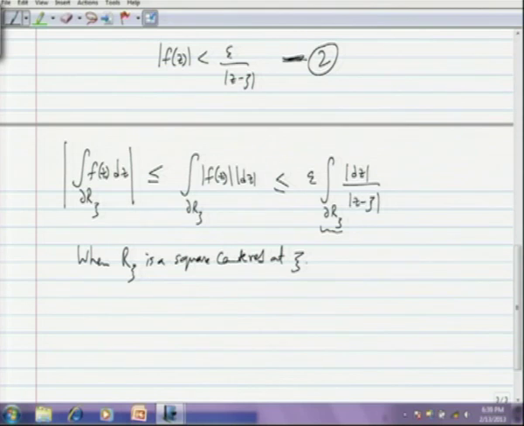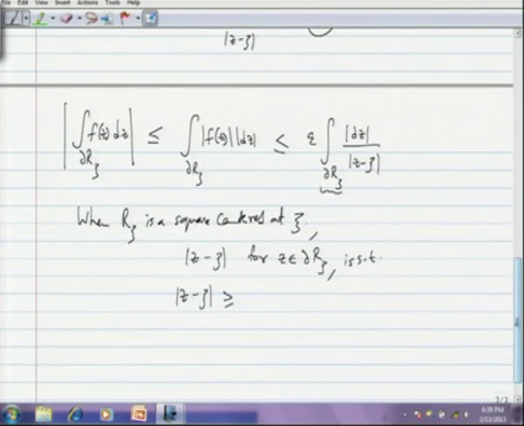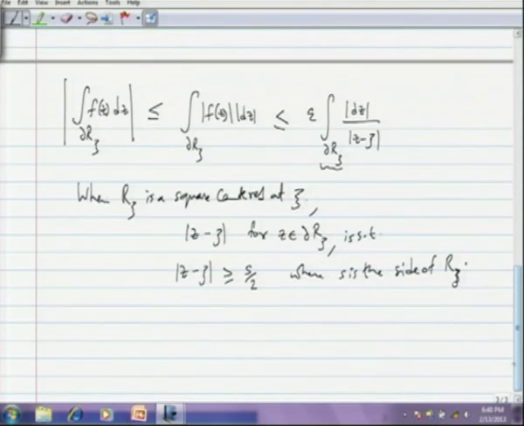What we have is that for z belonging to the boundary of R zeta, the modulus of z minus zeta is greater than or equal to s by 2, where s is the side length of the rectangular region R zeta.